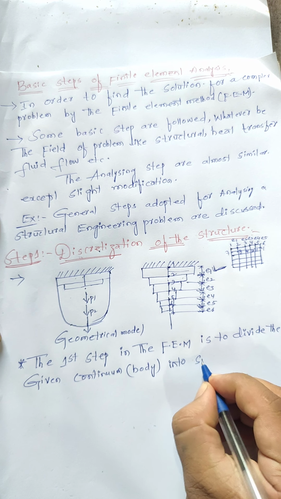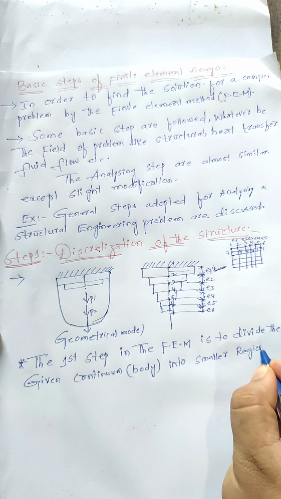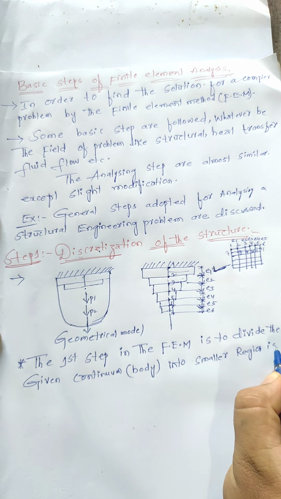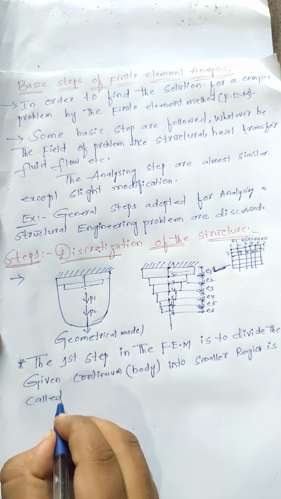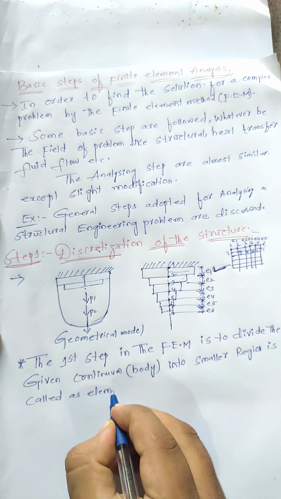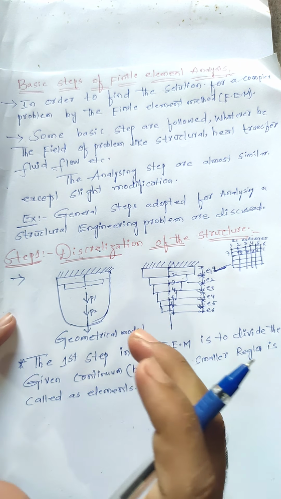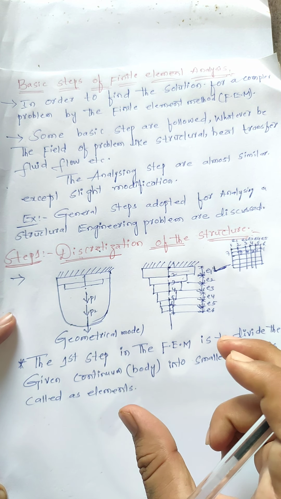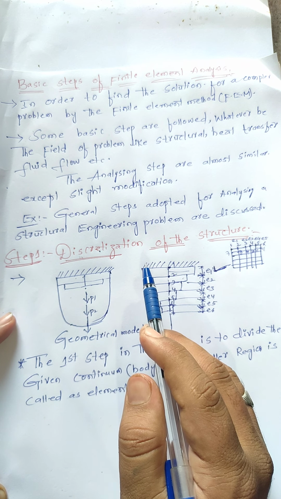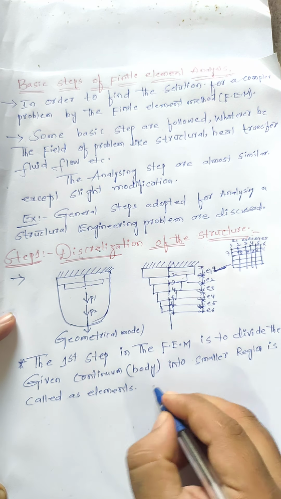Is it right? Region. So what we can say here, we can say as element. Regions are called elements. Then analysis is carried out for each of these elements, the point where the properties are to be determined for an element, what we can say as nodes. Is it right?